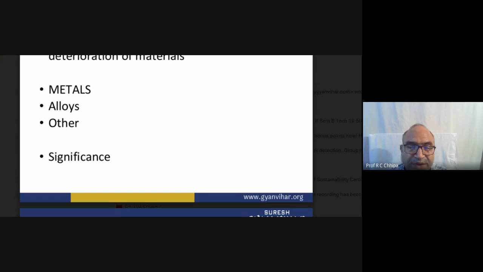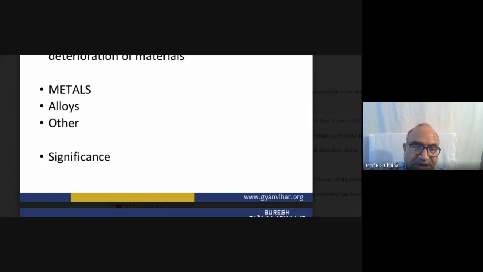So we can say corrosion is one of the important concerns in any technology, even the very advanced technologies which we are using, for example in robotics. Any technology is relevant to corrosion.